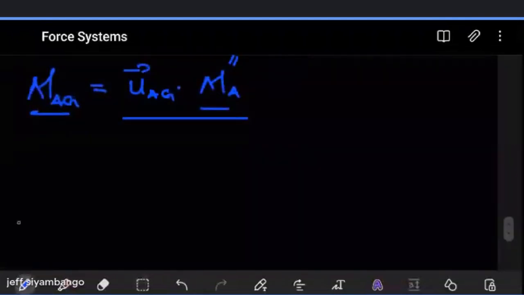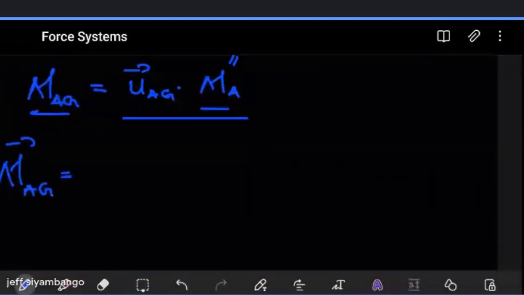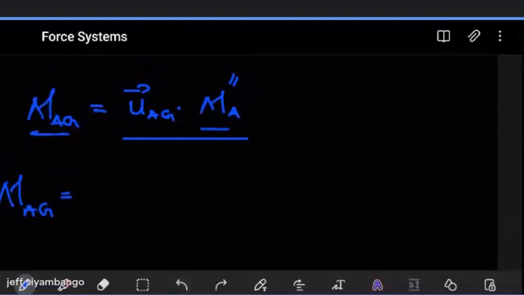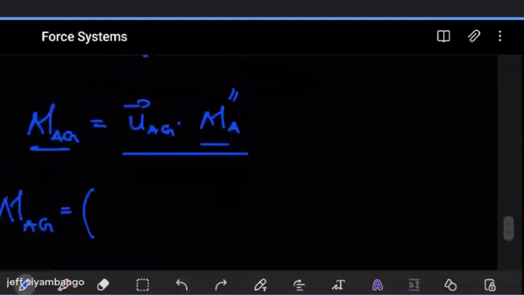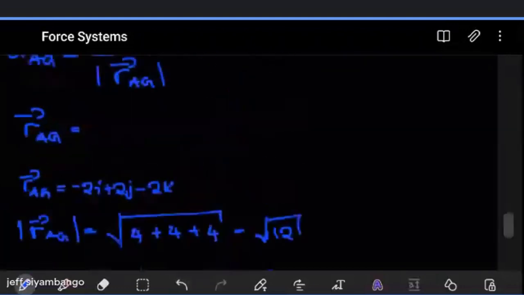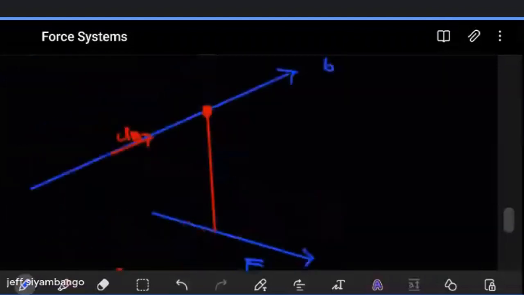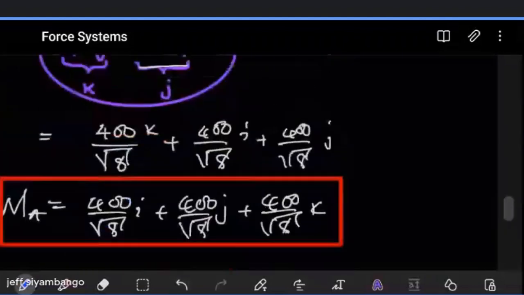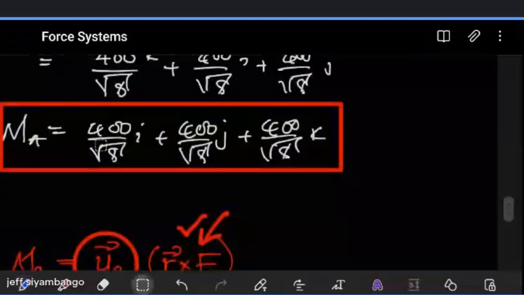So my moment about the axis AG, that's not a vector, will be equal to my unit vector, which is minus 2 over root 12, plus 2 over root 12, minus 2 over root 12 again, then the dot product with my earlier moment about A. And this was my moment about A.